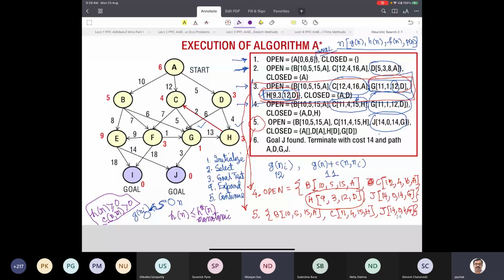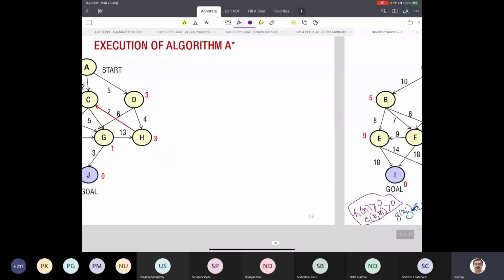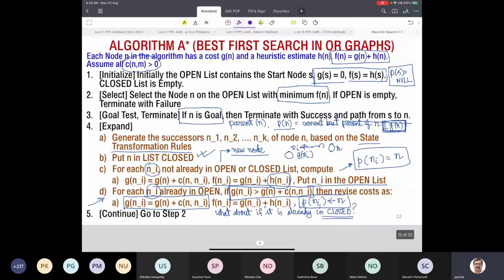No. Whenever you generate a new node, if a node Ni is neither in open nor in closed, so it's a new node, that is the time when you compute the heuristic.